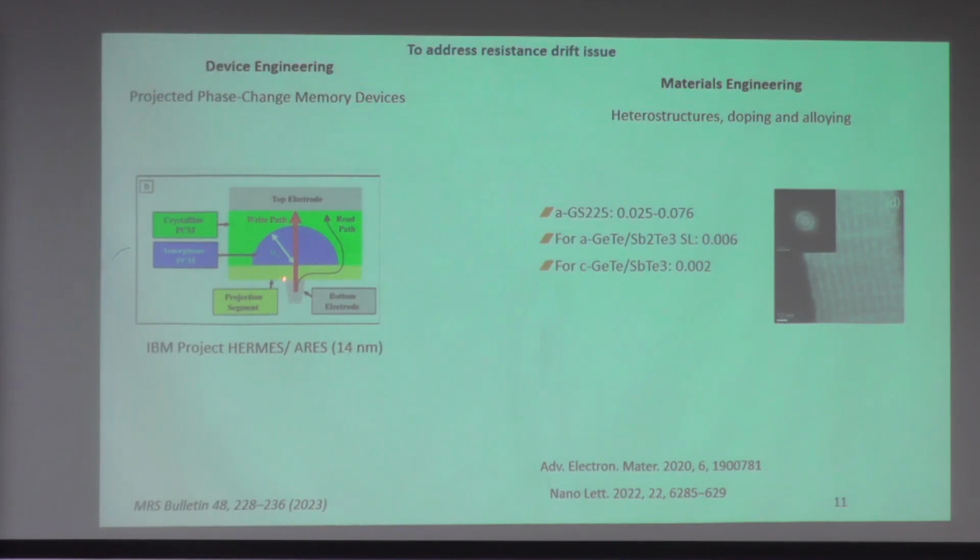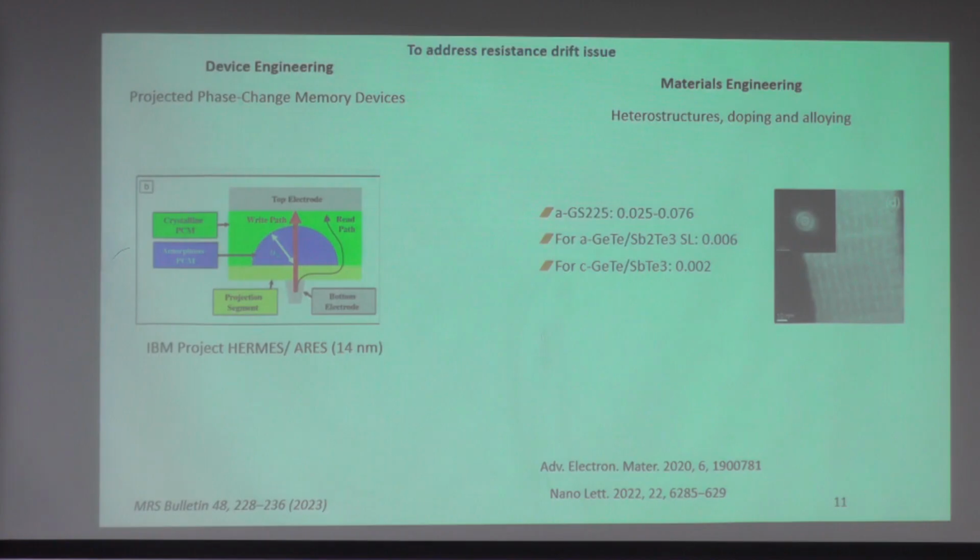Instead it makes another path, and this would be the read path. So it goes from the metallic layer to the top electrode. By using this, you can reach really low values of resistance drift. It was introduced by IBM in 2023.